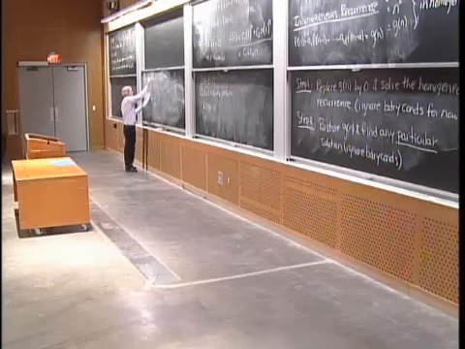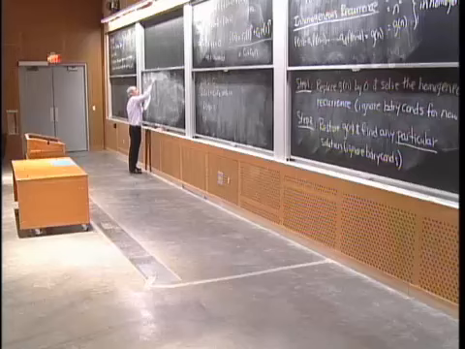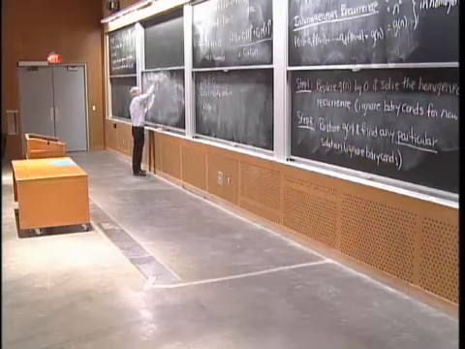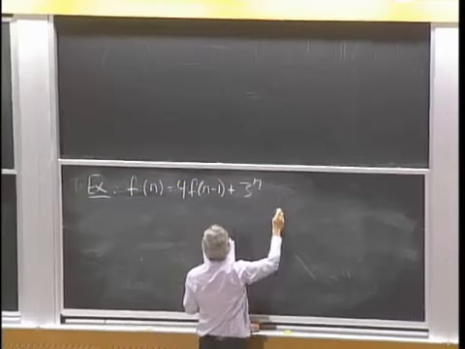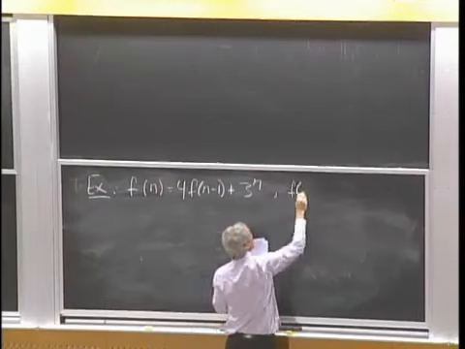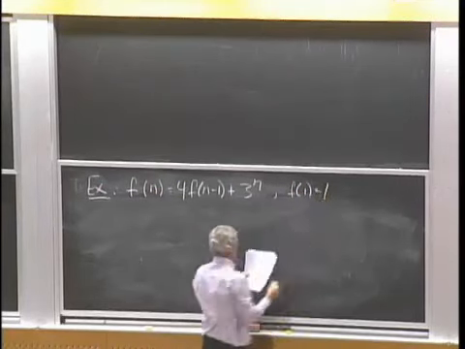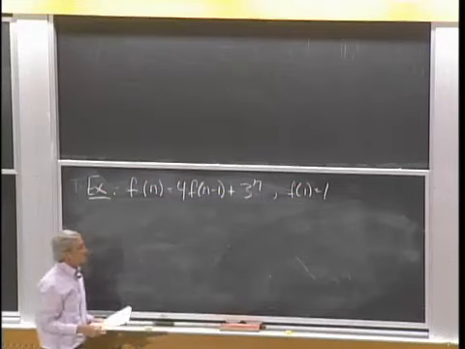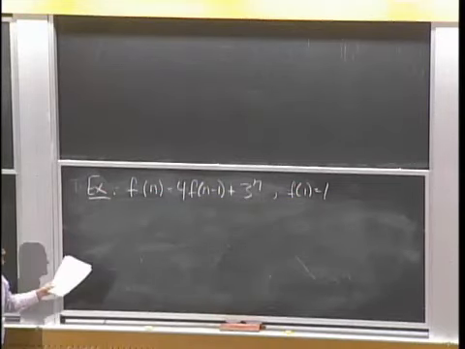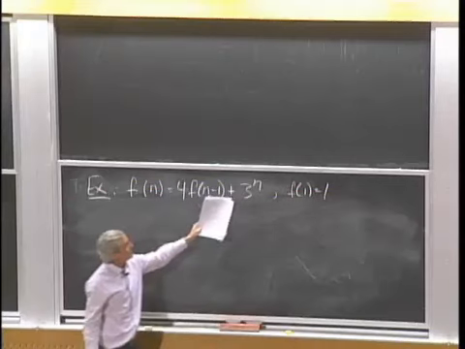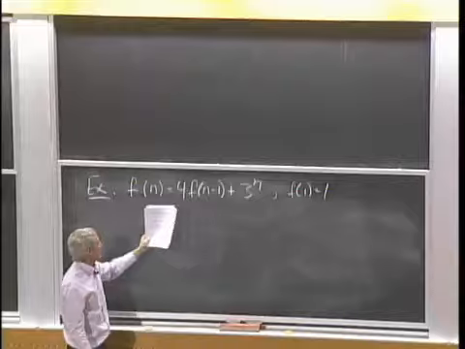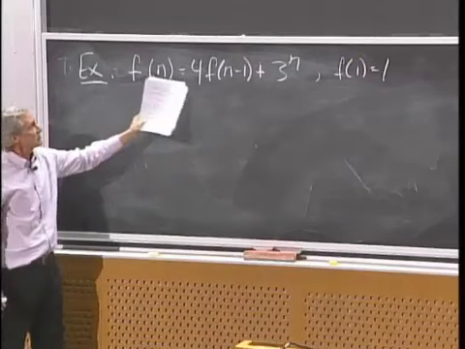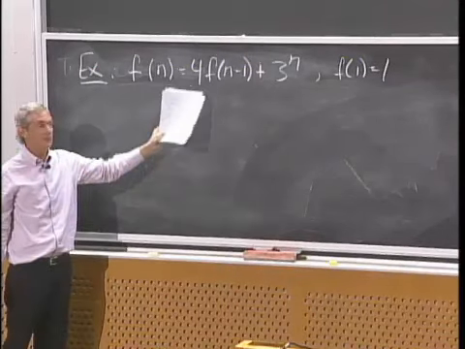F of n equals 4 f of n minus 1 plus 3 to the n. And the boundary condition is that f of 1 is 1. So step 1 says ignore this 3 to the n thing and get back to just the homogeneous form, which is f of n minus 4 f of n minus 1 is 0.